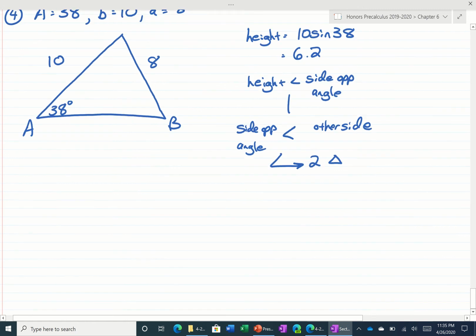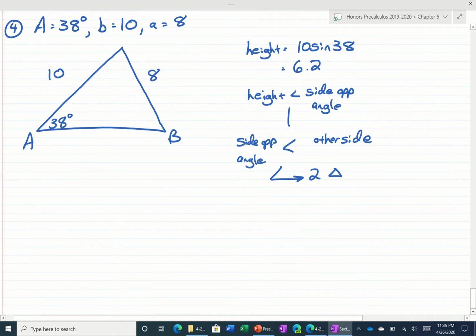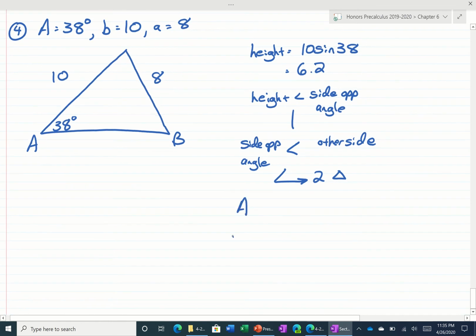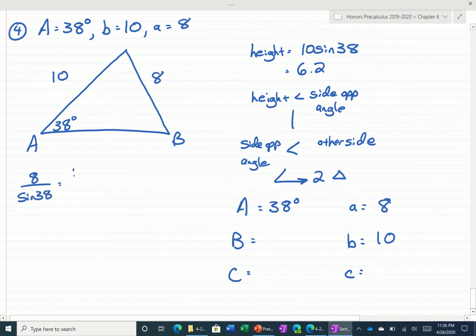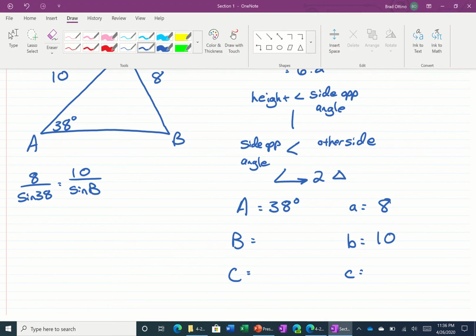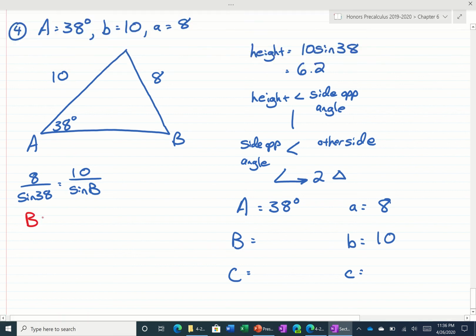So just like before, we'll just kind of go through this quickly. At this point, it's just normal law of sines until we have to draw that second triangle. I'm going to do 8 over the sine of 38 is equal to 10 over the sine of B. Cross multiply and divide, and then take the inverse.